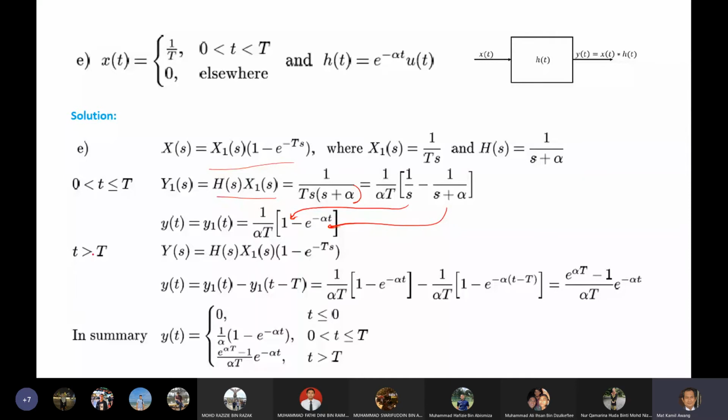For t greater than capital T, this is the multiplication, right? Okay.